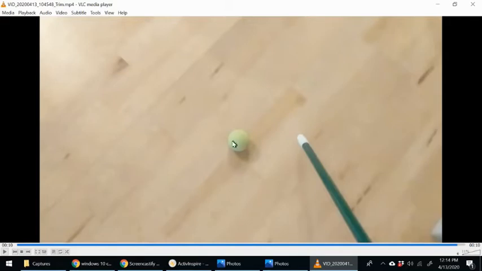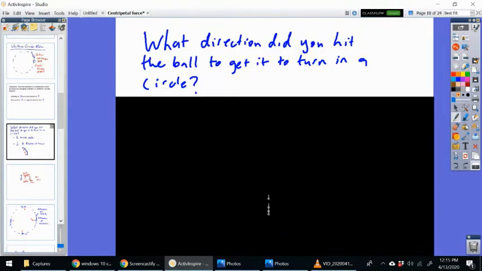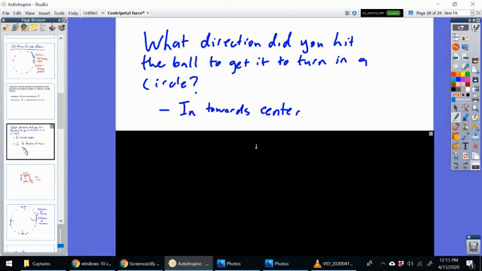The only difference is that the string is pulling it from the inside, whereas I'm tapping it from the outside, but the resulting direction is the same. It's in towards the center of the circle. So I think we've confirmed with both scenarios that the acceleration is in towards the center of the circle.